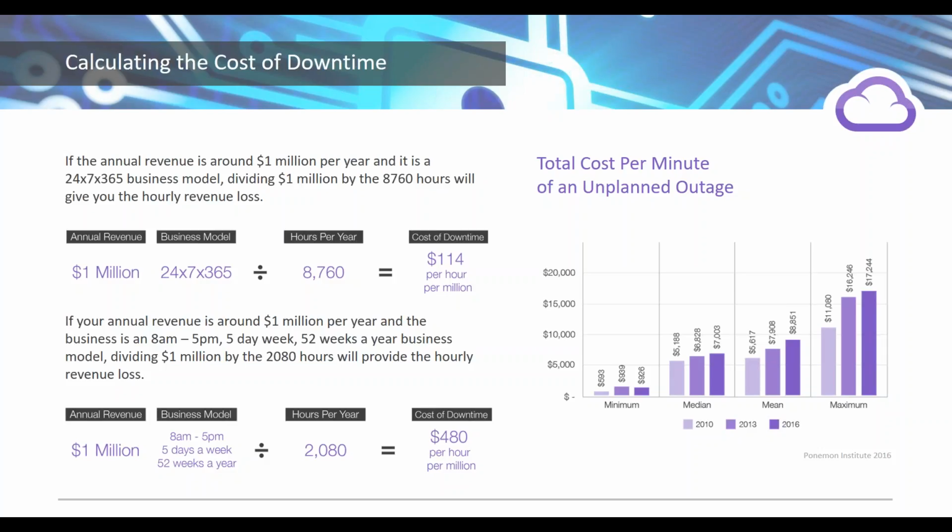You take those data points and you end up with either 8,760 hours in a year or 2,080 hours, and you can come up with the cost of downtime. So you're at $114 per hour per $1 million of revenue for a customer running 24/7, or $480 per hour per million in an 8x5 model. Most customers would find that a believable number, because it's essentially just an average.